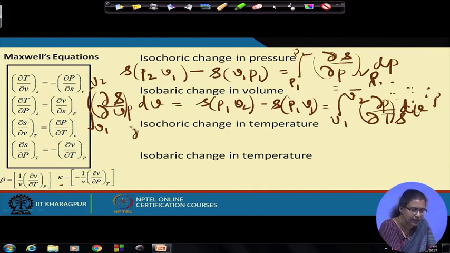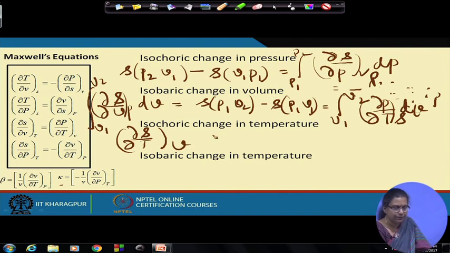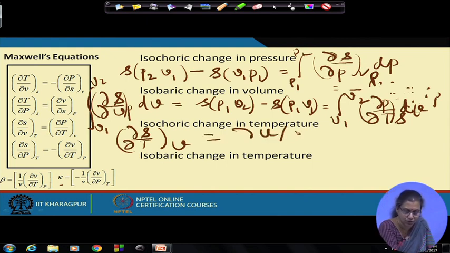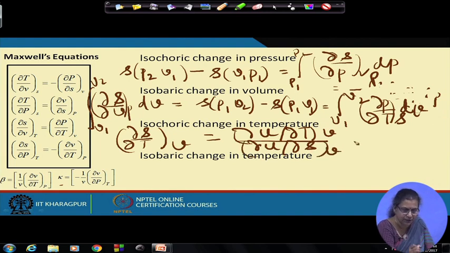In the same way, suppose I would like to find out the isochoric change with temperature. That means del S del T at constant V. Now, can you tell me in what way I can find this particular quantity? Can I not write this quantity as del U del T at constant V divided by del U del S at constant V?